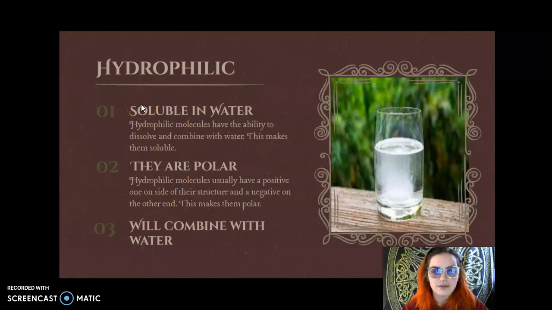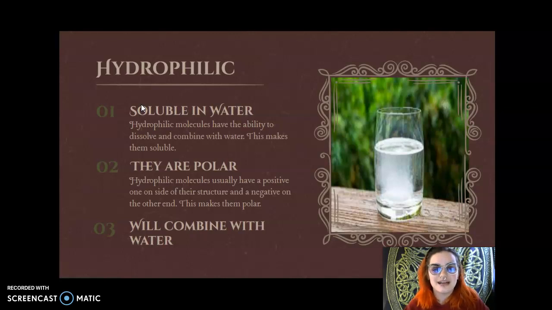Hydrophilic molecules are molecules that are soluble in water, they're polar, and they can combine with water. So if something is soluble, it means that it can combine and or dissolve into, usually, water is what's usually used. It means that, for example, when you're mixing hot chocolate mix or sugar or salt into water, it will dissolve and disappear usually.